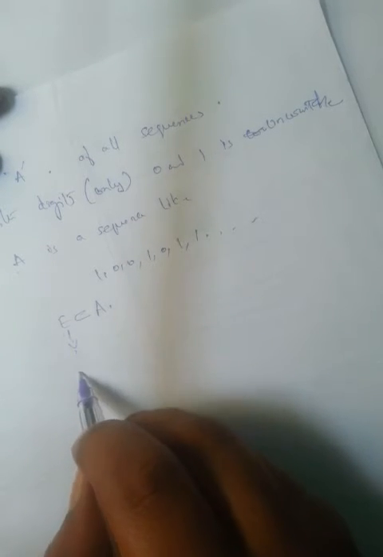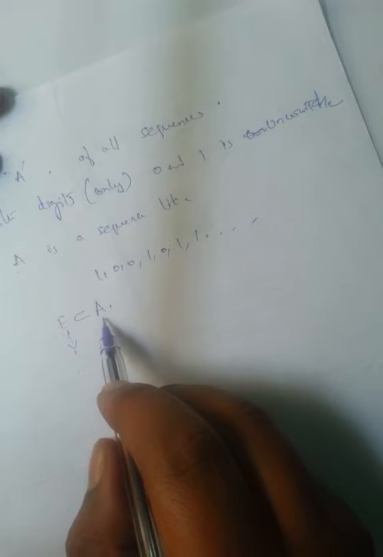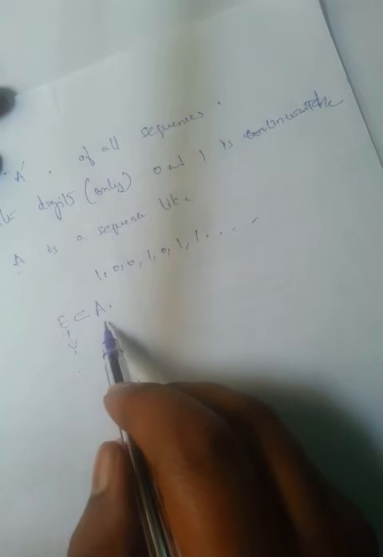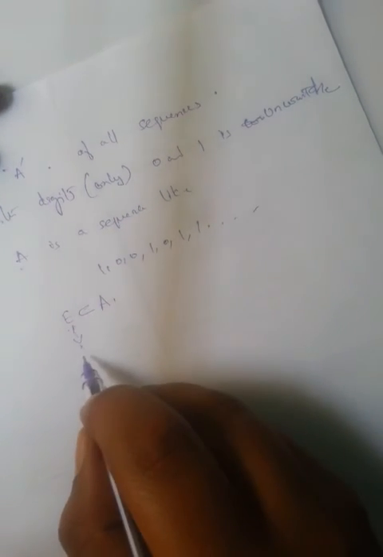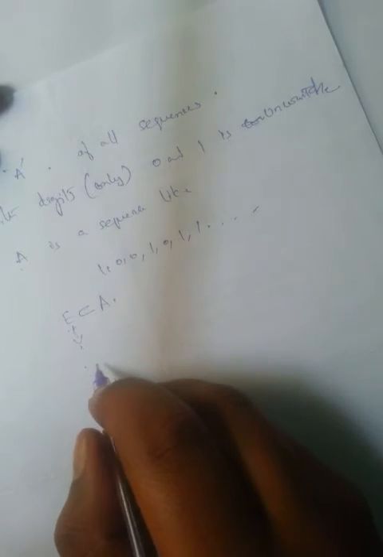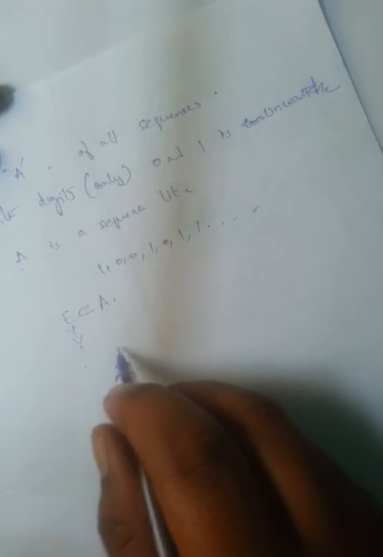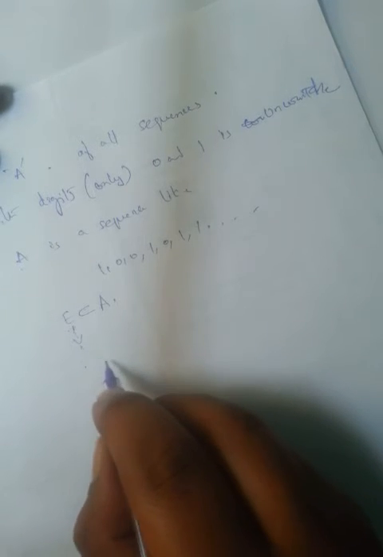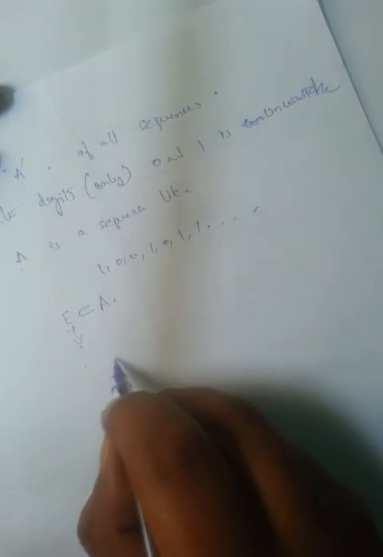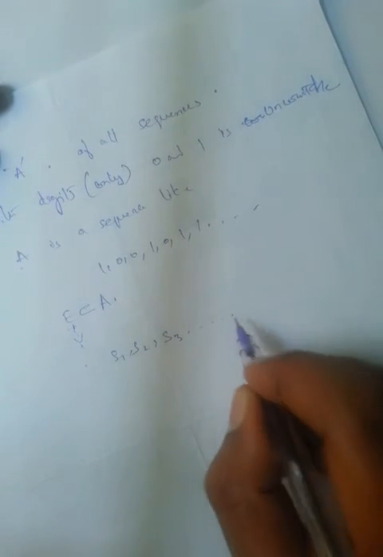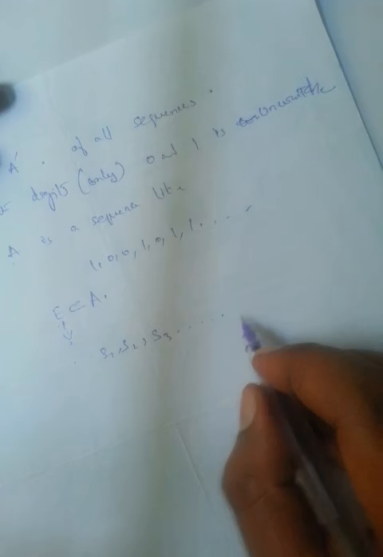When we get that E is countable, we know that if an infinite subset of a set is countable, then the set itself will also be countable. So we are considering E is countable, and E can be written as a sequence S1, S2, S3, and so on. We are including all the sequences here.